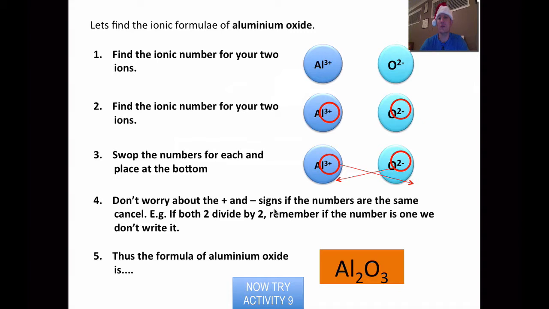Just like you would do in fractions. It's sort of rounding down. We would never write x3, y3. It would just be written x, y, 1 to 1. So using the example that we've got, you can see how Al2O3 comes together.